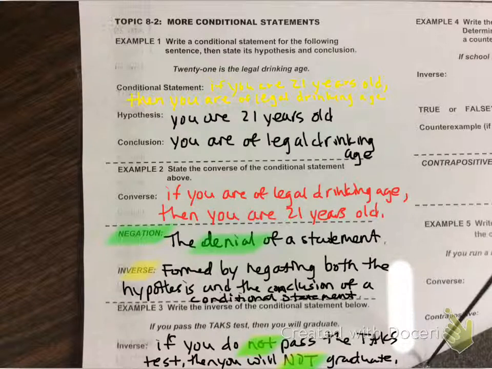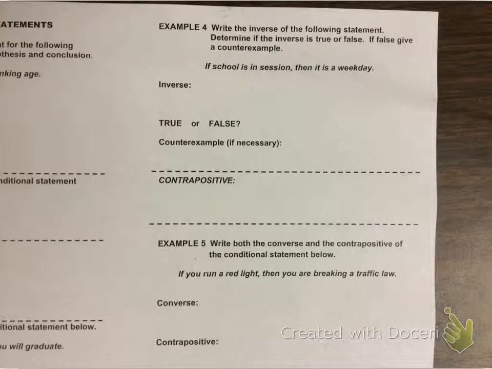All right, let's look at another example. Let's look at example 4. Four says, write the inverse of the statement. Determine if its inverse is true or false. If it's false, make sure you give a counterexample. A counterexample means showing an example of when it is, in fact, false.